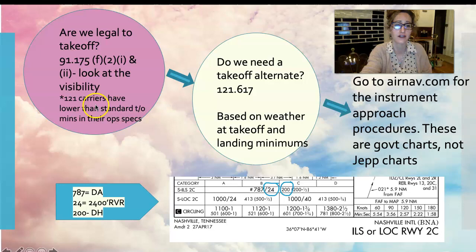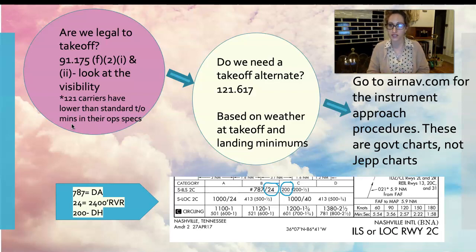Now I have a note here, an asterisk, guys. In 121 airlines, every 121 carrier has what's called operation specifications, and they specify how the company will operate and be in compliance with all the regulations. So basically every rule I teach you here, guys, there is an exception that generally is lower for the airlines.